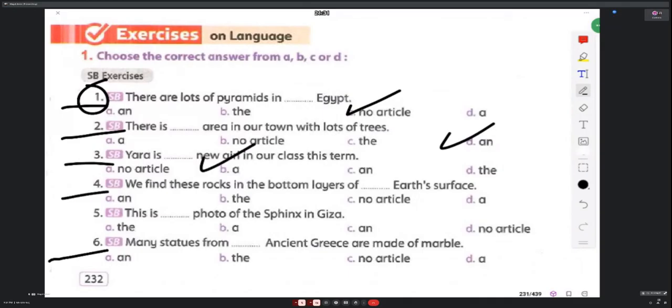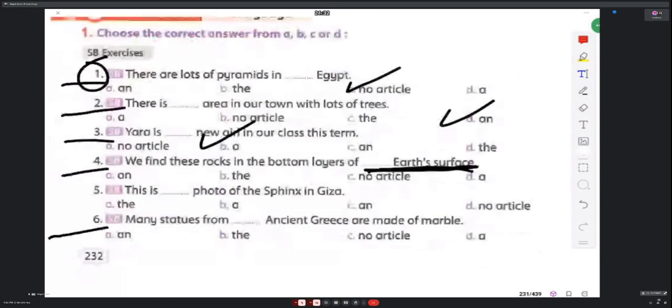Maybe we find these rocks in the bottom layers of the Earth's surface. The surface of the Earth is known to everybody. Okay.